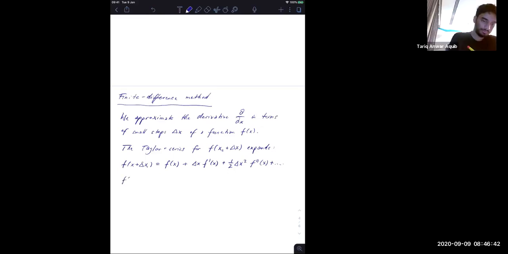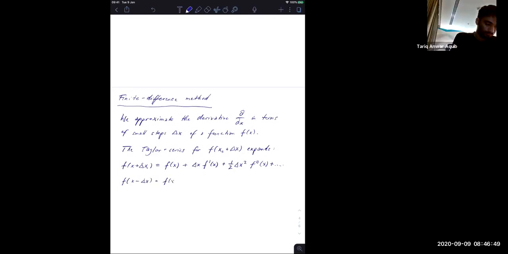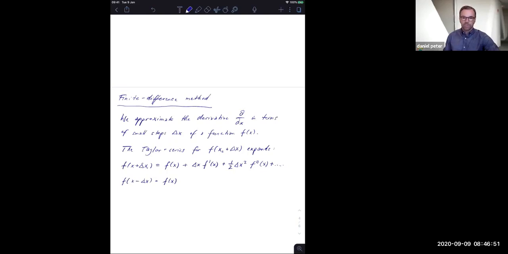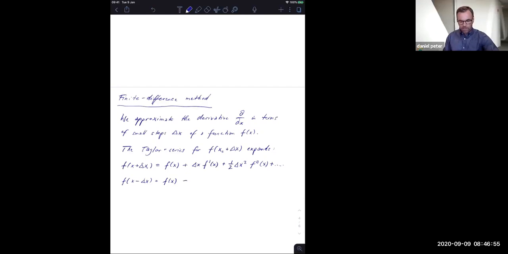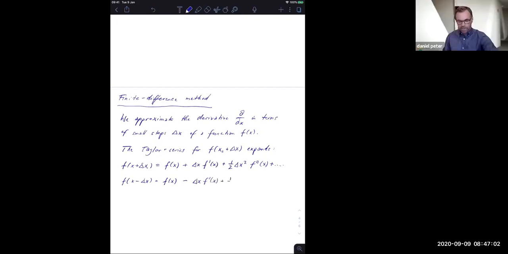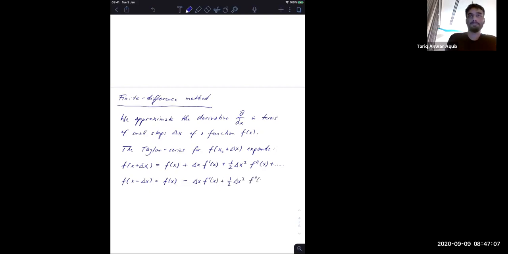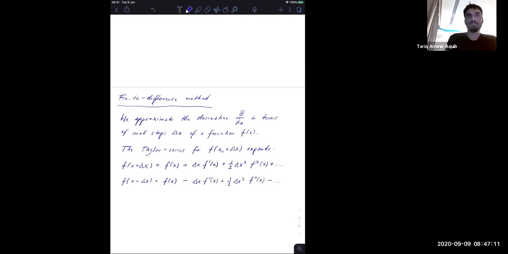And obviously we can do the same, but around x minus delta x. So then again, we start with f of x. Now we change the sign, minus delta x times the first derivative of the function, plus again the second order term, minus, etc. So we have these sign changes.